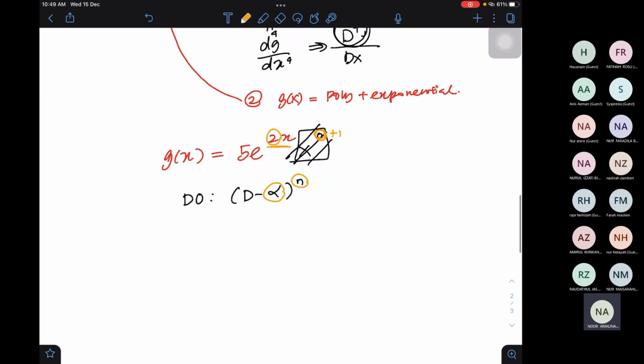So for this function, for example, if you have g(x) equal to 5 exponent 2x, your differential operator will be D minus 2. Alpha is equal to 2 and n is equal to 1. So your differential operator will be D minus 2.